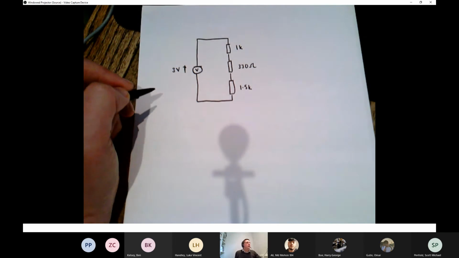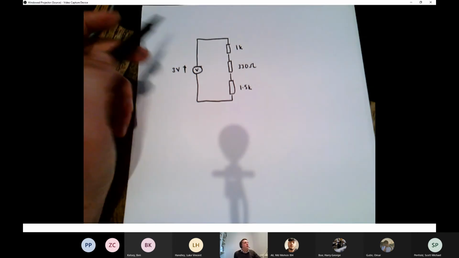So I've copied out that circuit. One thing that you'll notice I do as a shorthand when I'm just drawing out circuits for analysis: technically this should be 1 kilo ohm and 1.5 kilo ohms like that, but it's a convention that sometimes you just write down 1.5K.